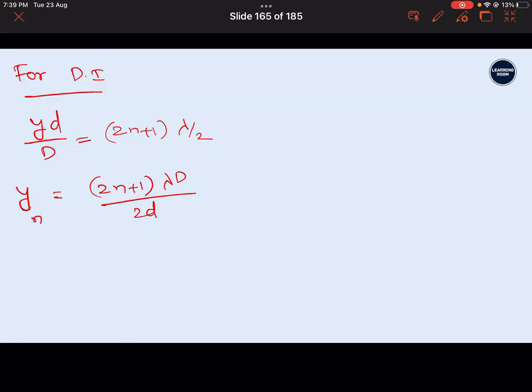If I put n is equal to 1, I should write it as n minus 1, so that if you want the first dark fringe, you put the value as 2. Do you understand what I am saying?